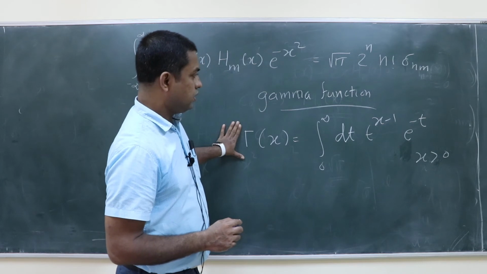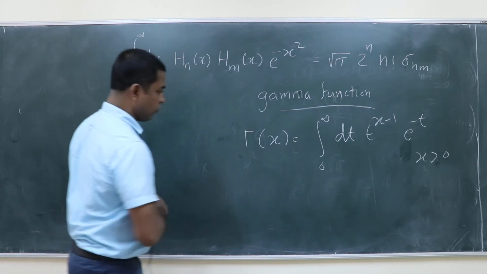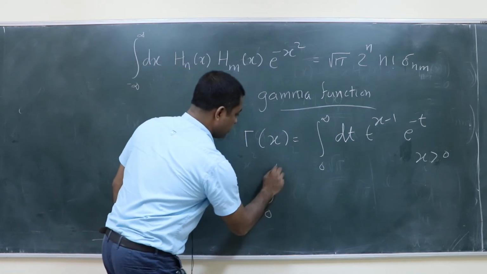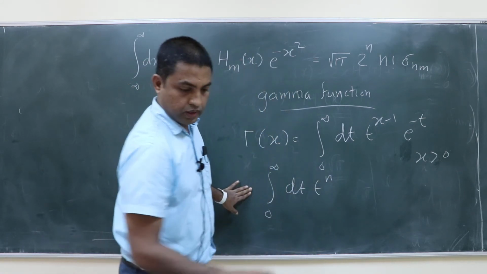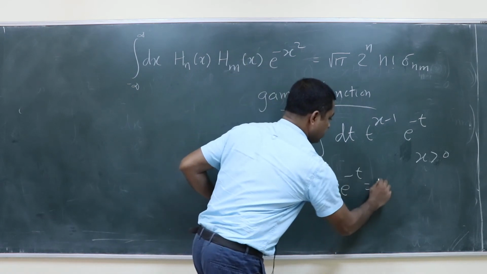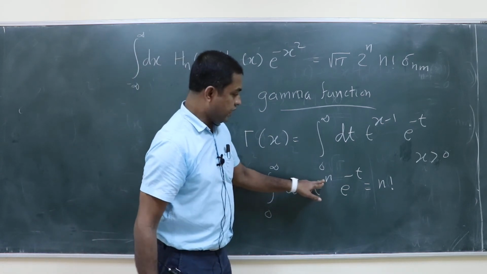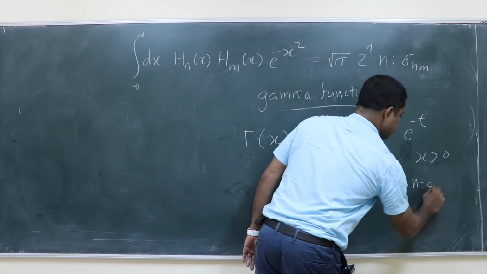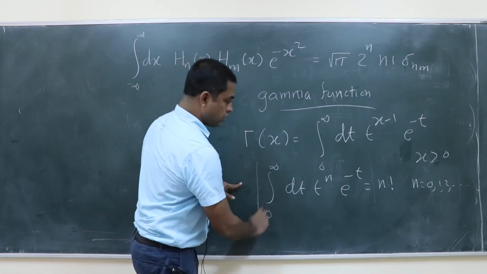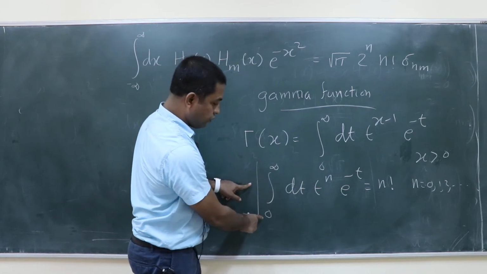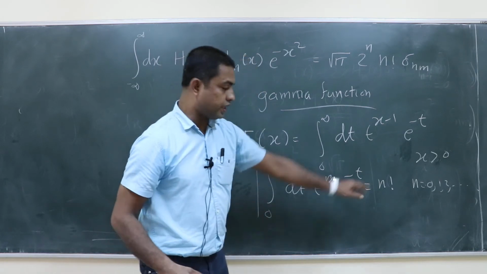And so you know the factorial function. What is the factorial function? The integral from 0 to infinity dt t raised to n e raised to minus t equals n factorial, where n is equal to 0, 1, 2, etc. If you do this integral, you get n factorial for each n.